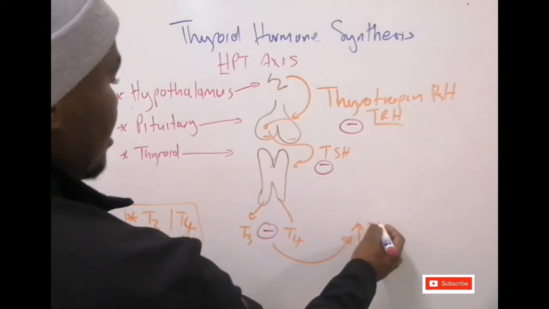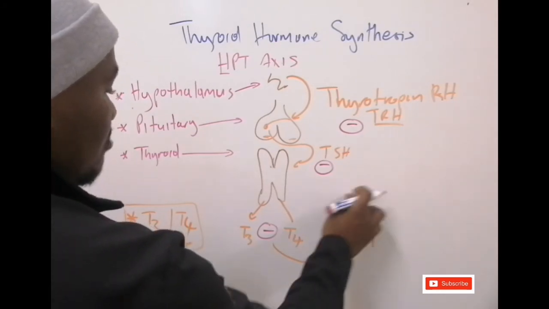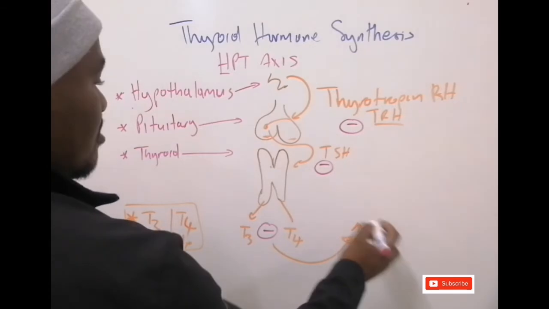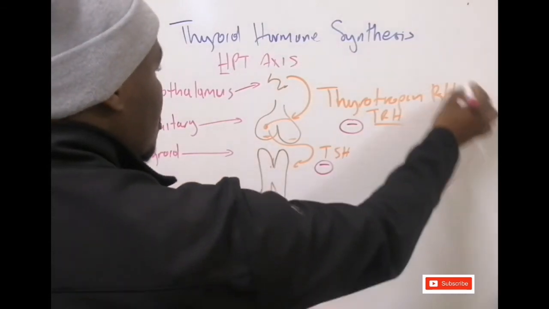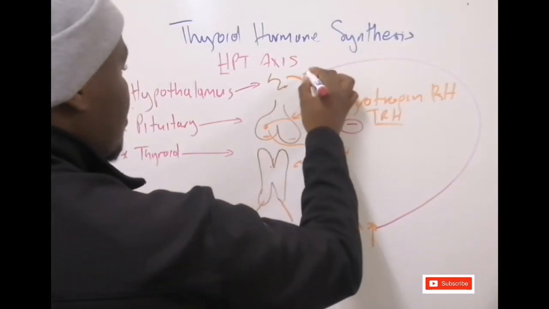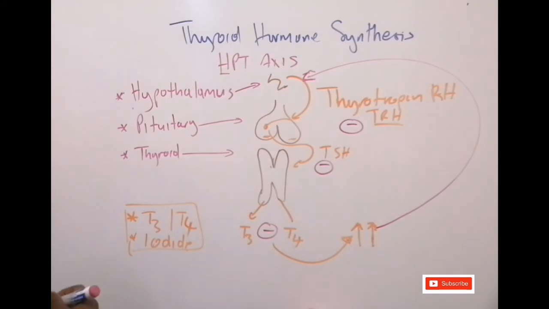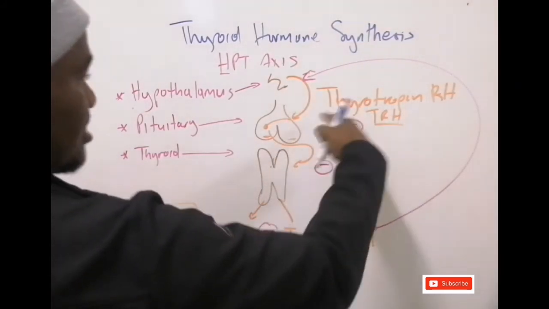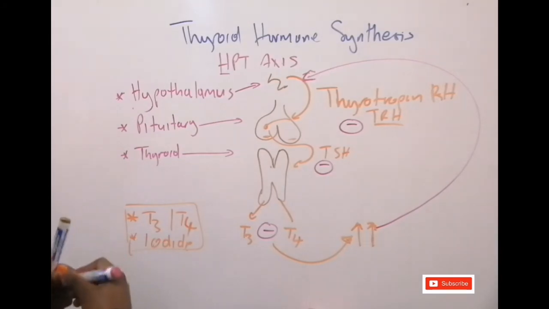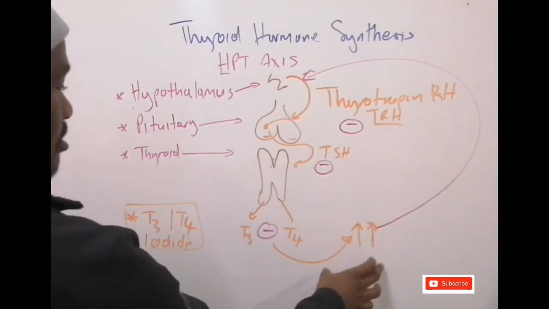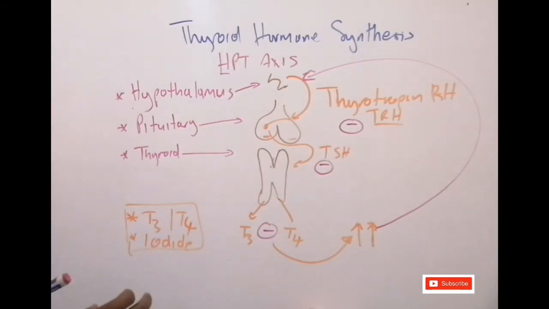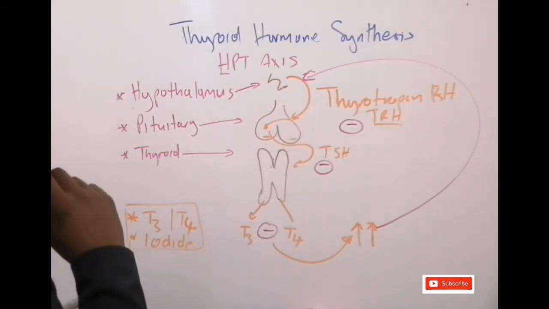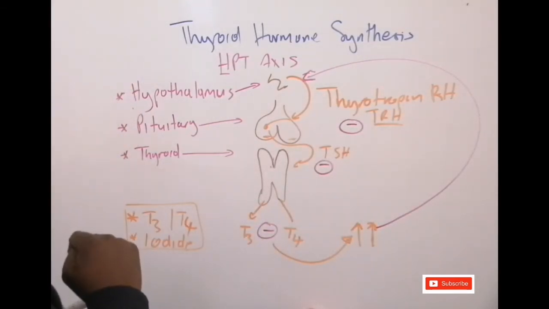So when there are increasing levels of T3 and T4, a message will be sent to the hypothalamus to inhibit this pathway. Once you inhibit this pathway, then you will correct your T3 and T4. This is what is called a negative feedback mechanism.